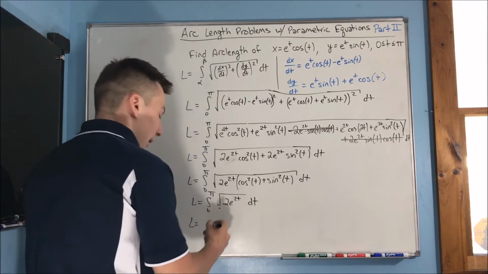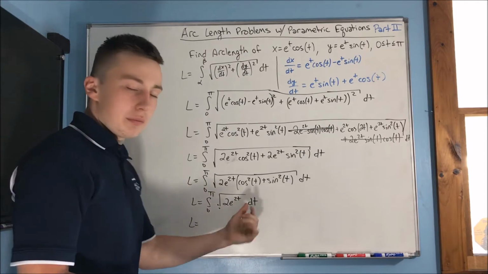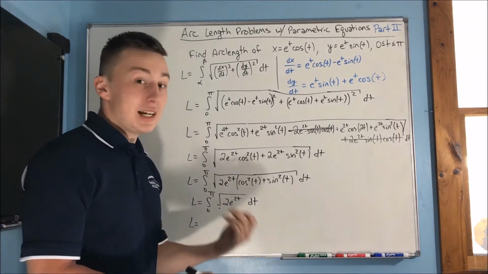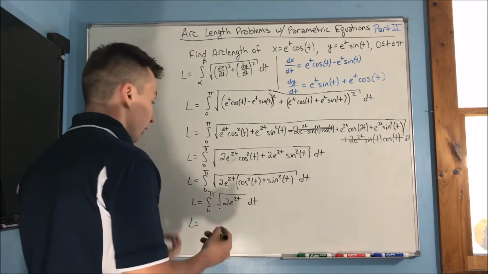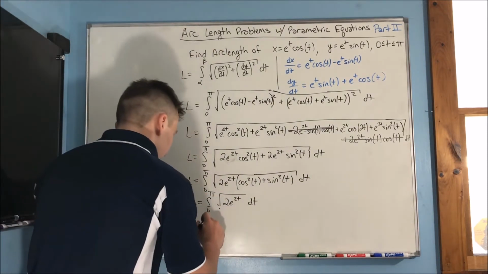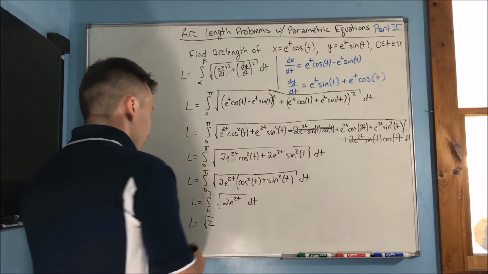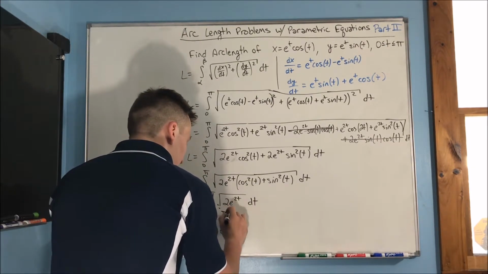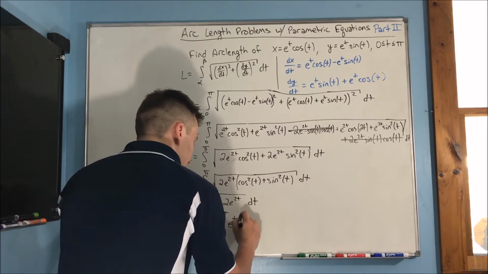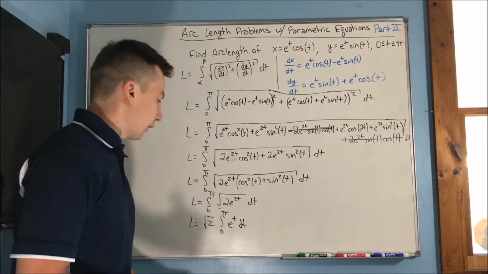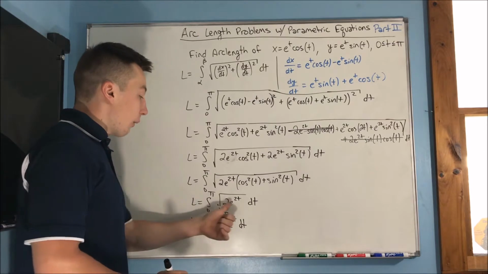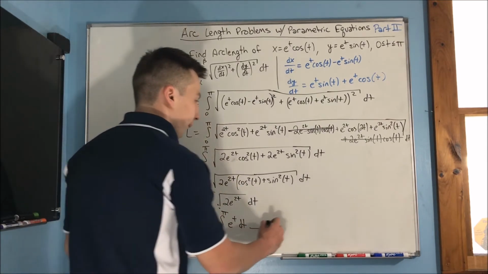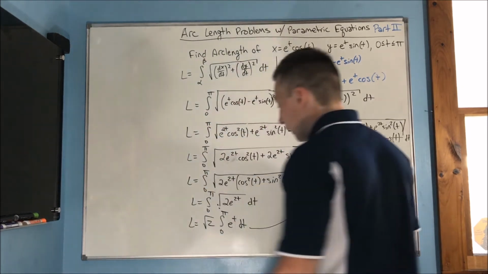Rad 2 is a constant and can come out, and the square root of e to the 2t is just e to the t. So it's not actually as bad as it looks. You just have to make that connection. So we get rad 2 times the integral from 0 to pi of e to the t dt. Now we can go on to our integration step.